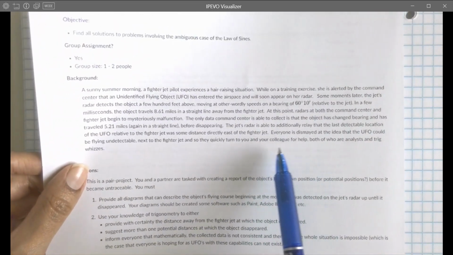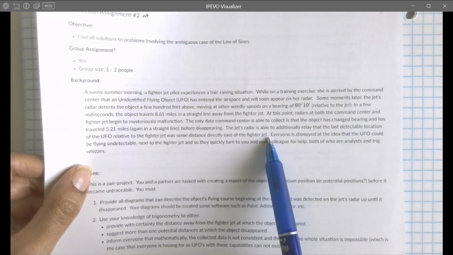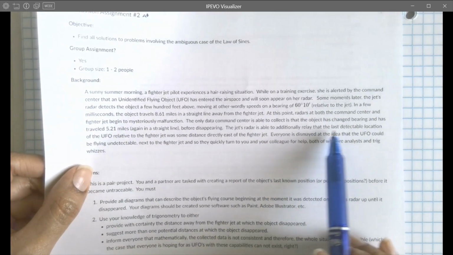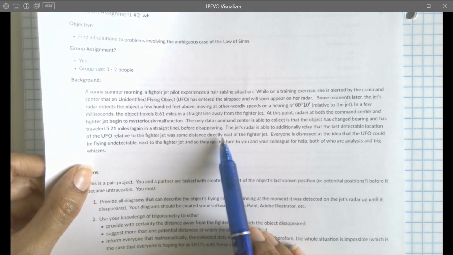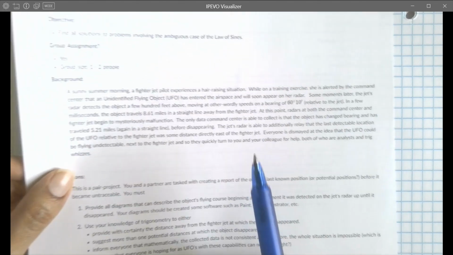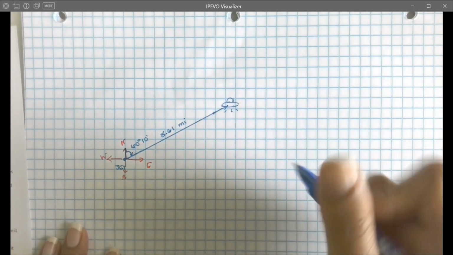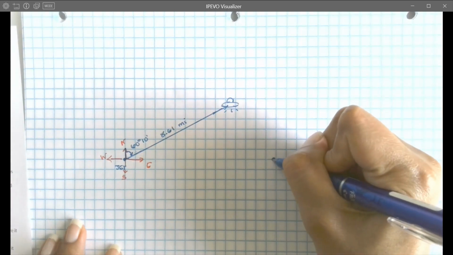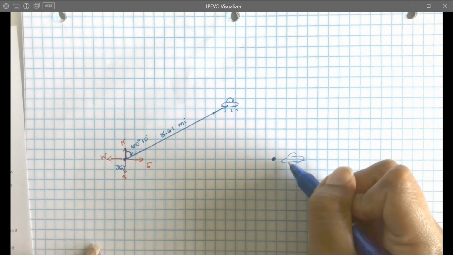They do tell us though that they are able to later pick up that the last detectable location of the UFO relative to the fighter jet was some distance directly east of the fighter jet. Okay, so directly east means along this direction. So somewhere along this line was the last detectable location of the UFO.